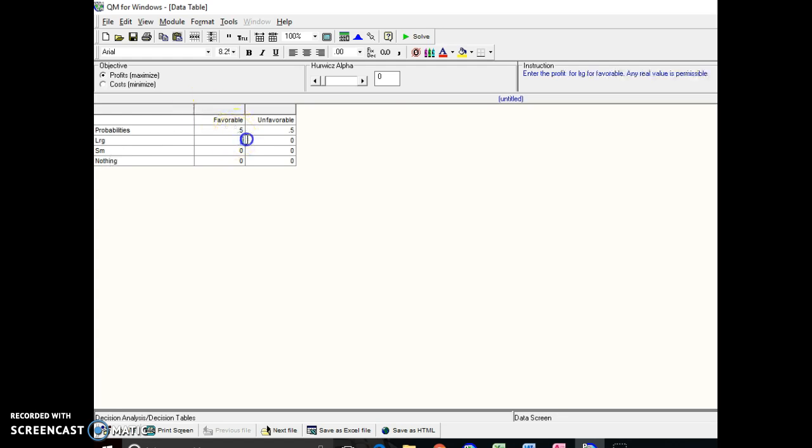And then if we build a large plant, we can make $200,000. But if it's an unfavorable, we could lose $180,000. Small plant, we could get as much as 100,000. I think I got too many zeros there.